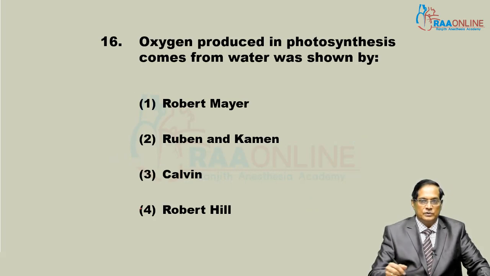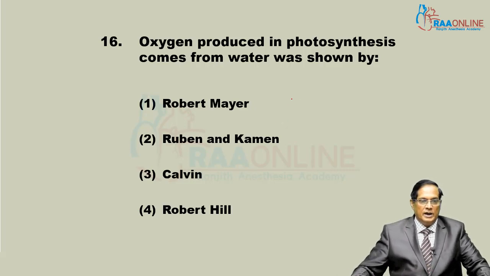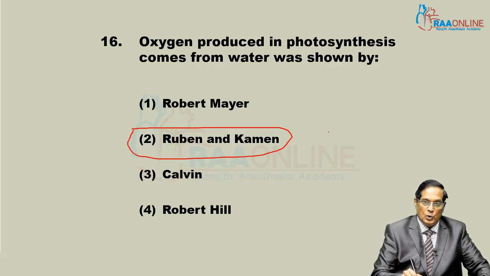Oxygen produced in the photosynthesis process is confirmed by Ruben, Hassid and Kamen. These fellows used 18O containing water.